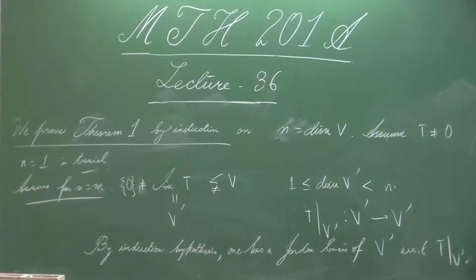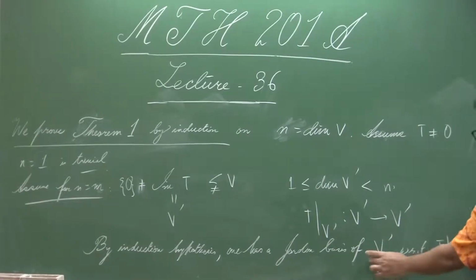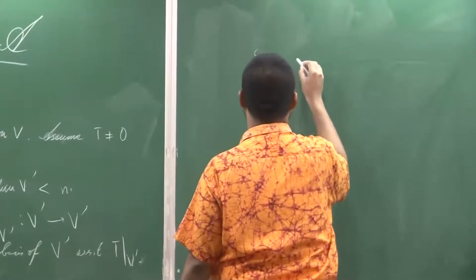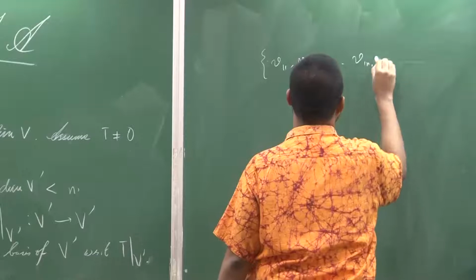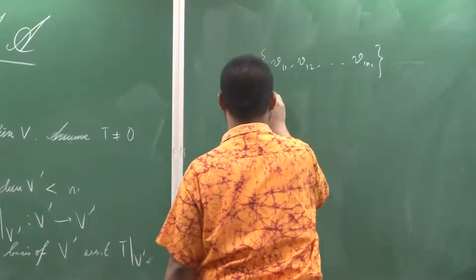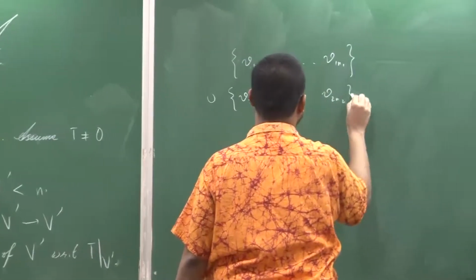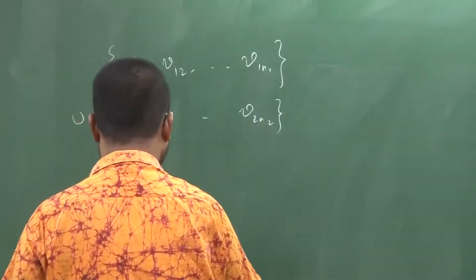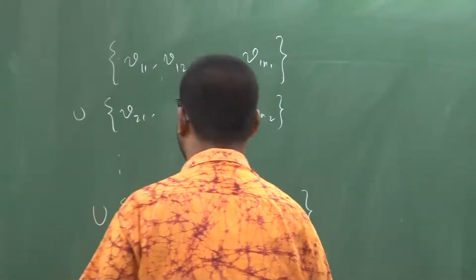So, let the Jordan basis of V prime for this operator be the following: v11, v12 up to v1n1, this is a Jordan string; v21 up to v2n2; up to vk1, vk2, up to vknk.